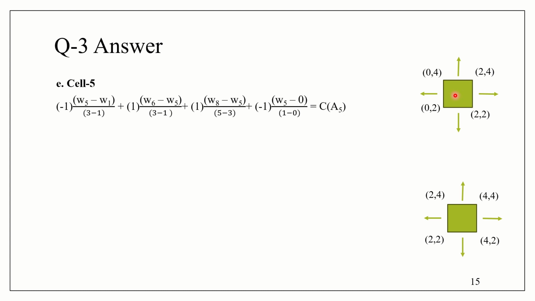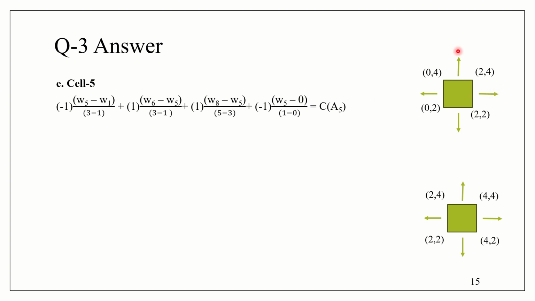Now we go to the y direction. So it is W5 minus W1 times minus 1 divided by 3 minus 1, and on this side it is W6 minus W5 divided by 3 minus 1.